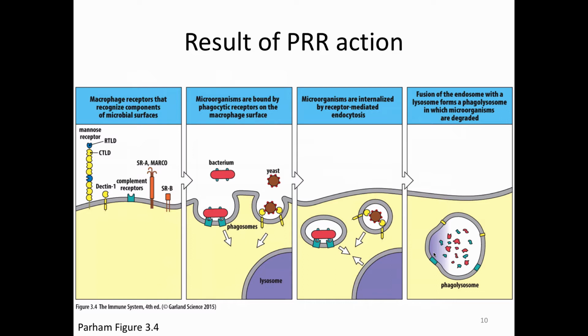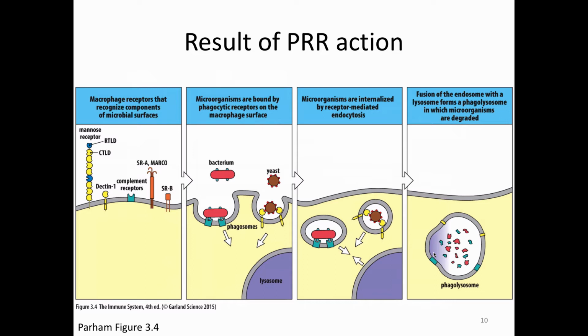So one thing that can happen is that when our pattern recognition receptor binds to a microbial pattern, we can have phagocytosis of that microbe occur. So we can have these phagocytic receptors acting. Your textbook talks a little bit about opsonizing receptors here. We talked about the term opsonizing on Friday of last week.